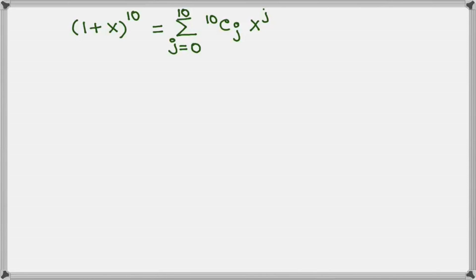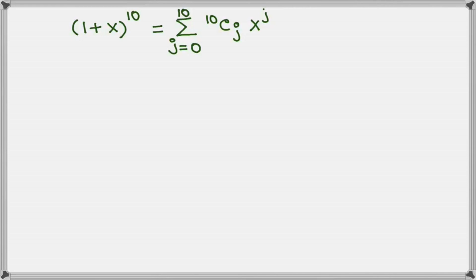Let us start with the binomial expansion of (1 + x)^10. We know that this is equal to the sum running from j = 0 up to 10 of Cj x^j. We take the derivative on both sides of this polynomial equation.